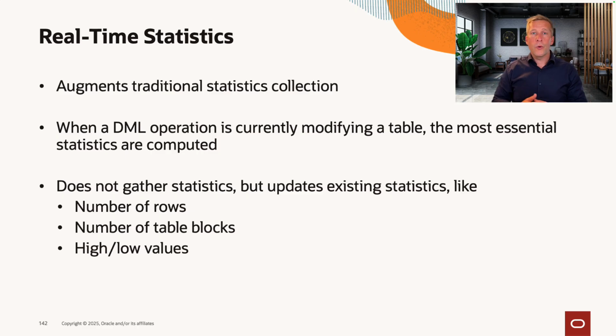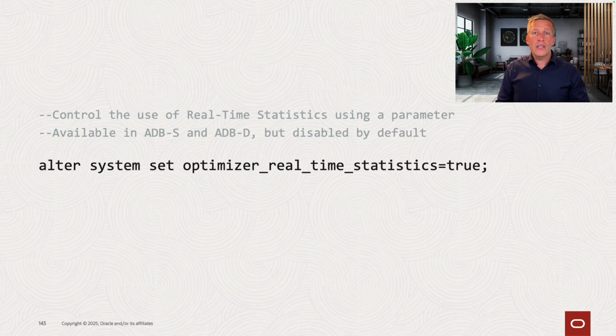If you have such a workload, well then real-time statistics can be a huge benefit because we can update high and low values as we insert or update the data. You can very easily turn this feature on in Dedicated and in Serverless. There's an instance parameter that you can use, and then everything happens automatically by the database.